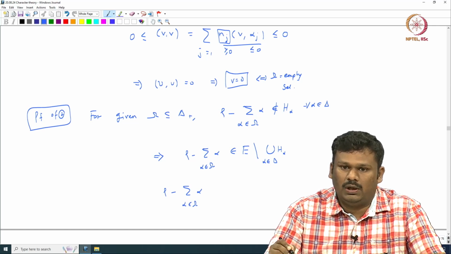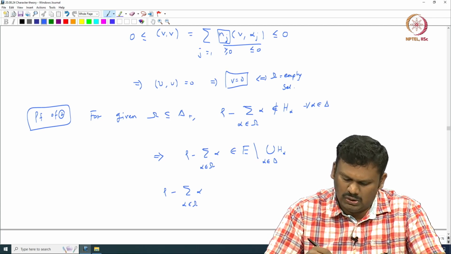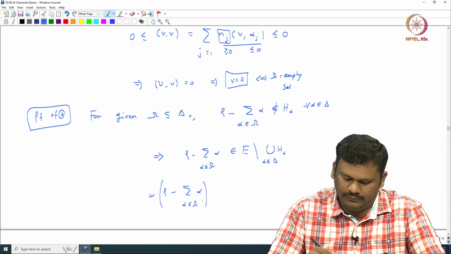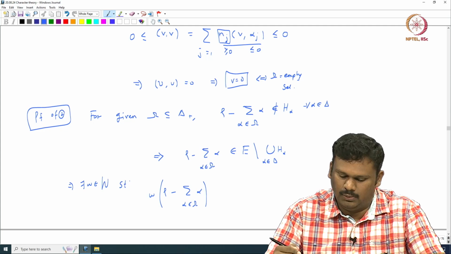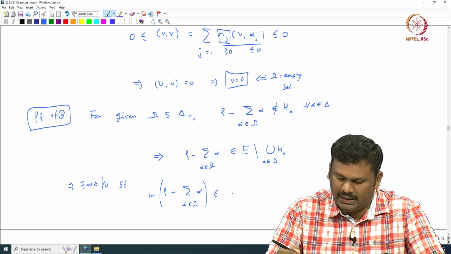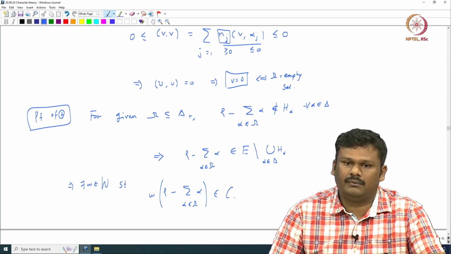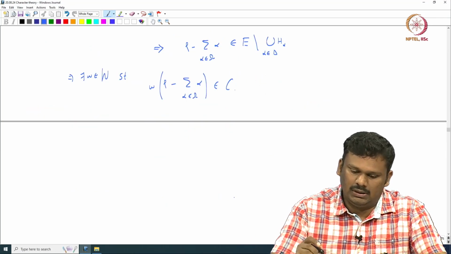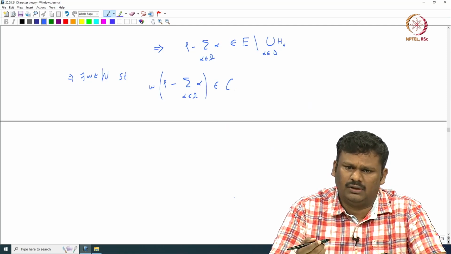Now we can use the Weyl group action, because the Weyl group acts simply transitively on the set of Weyl chambers. So there exists W in the Weyl group such that W of this is inside our fundamental chamber C. And now, it is not hard to see, because W again permutes the set of roots.